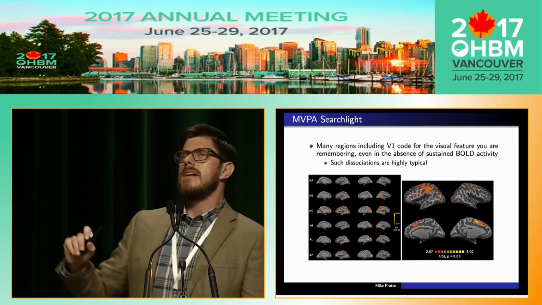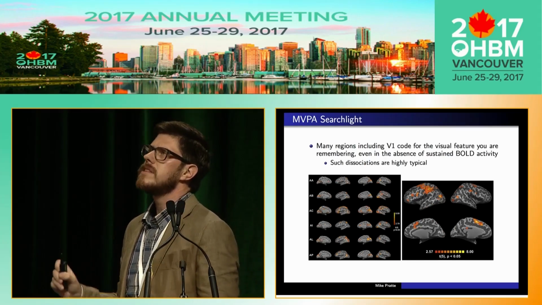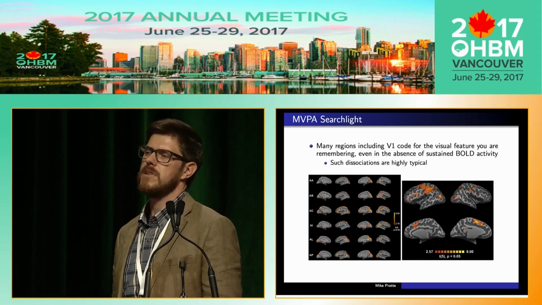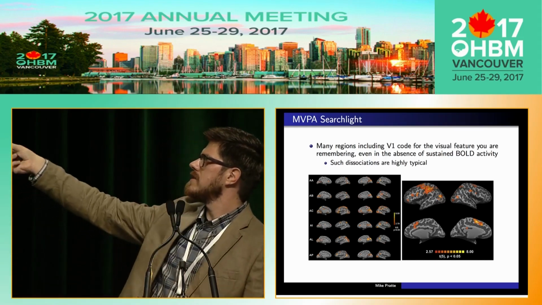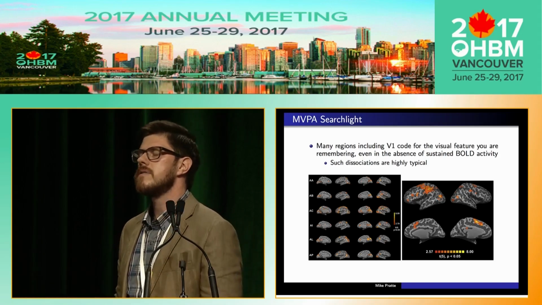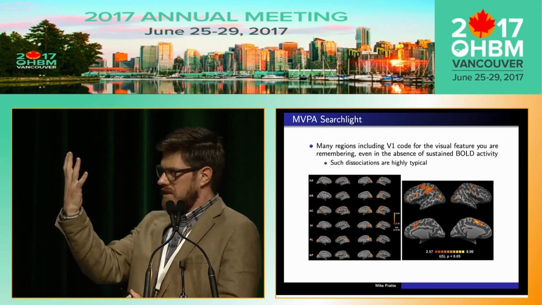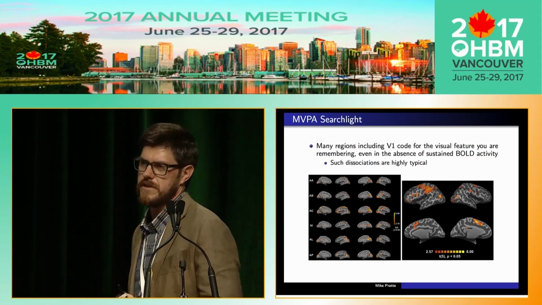What I want to highlight, though, is that in this example, and almost every other example of a searchlight analysis, what's happening here is way different than mean BOLD. So on the right, this is if you do a mean BOLD analysis and ask, where in the brain is there more BOLD activity if you're thinking of something versus just staring at fixation.